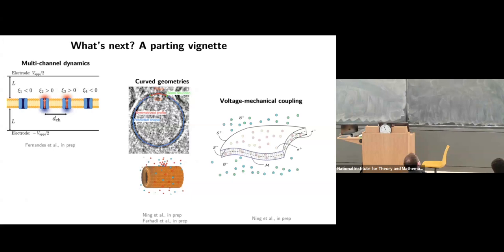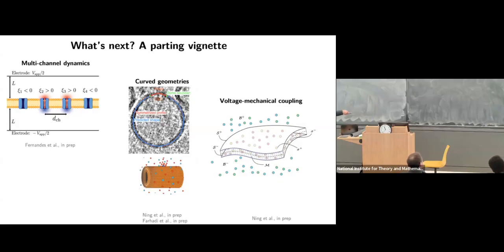So what's next? We are really interested in going forward in thinking about how multiple channels behave. And this is interesting not just in native biological systems, but also artificial engineered systems. If you can engineer, let's say, a membrane or an ionotronic system with different types of ion channels, what are the emergent dynamics of these channels?